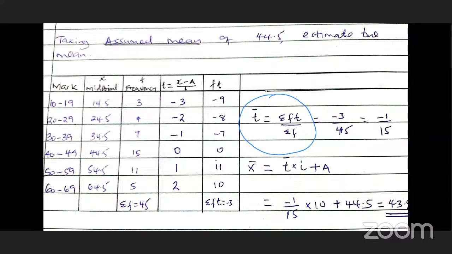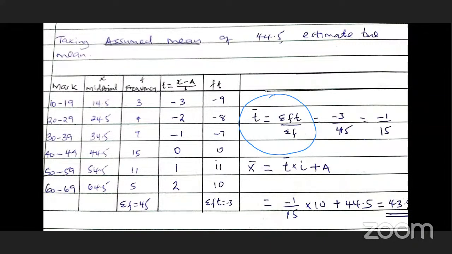Can somebody read for me what I've circled? The mean of t equals sigma ft divided by sigma f. Yeah, that is correct. The mean of t is sigma ft over sigma f.